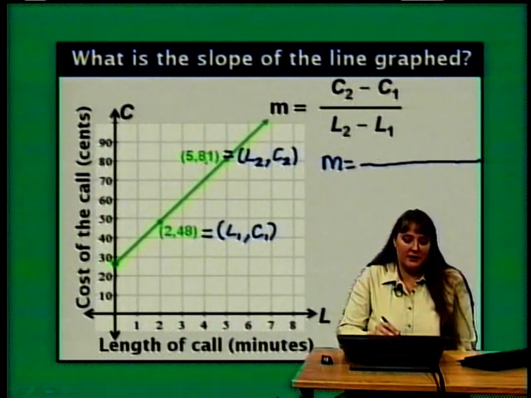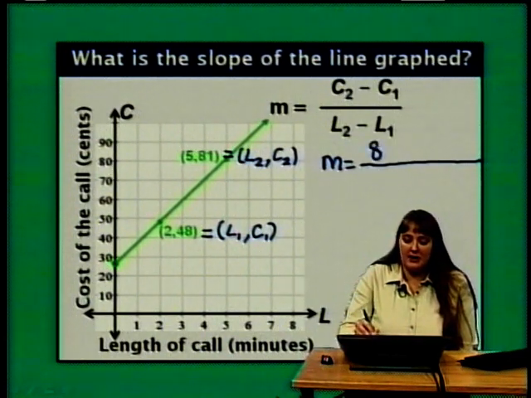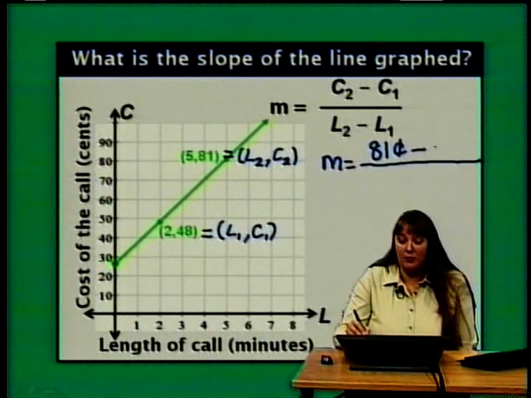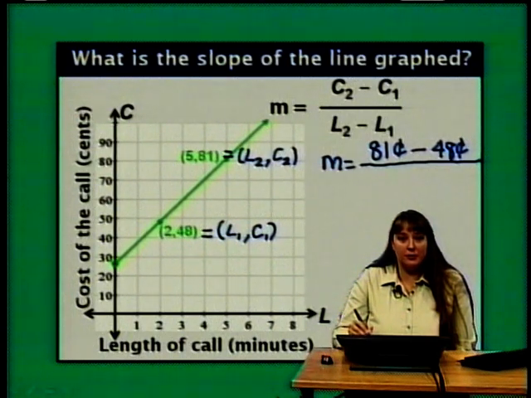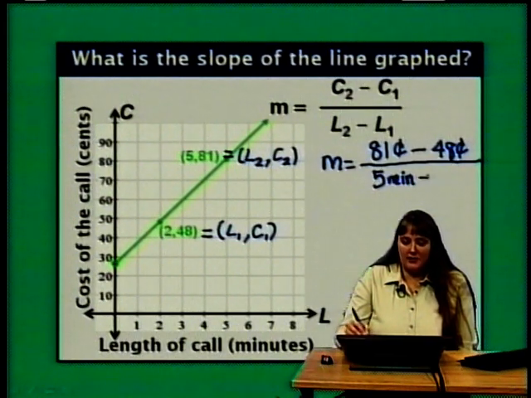The 81, the C value, represents the cost of the call in cents. So I'm going to say 81 cents minus C sub 1 would be 48 cents over L sub 2. Well, L is representing the length of the call in minutes, so this 5 is going to be 5 minutes minus 2 minutes.